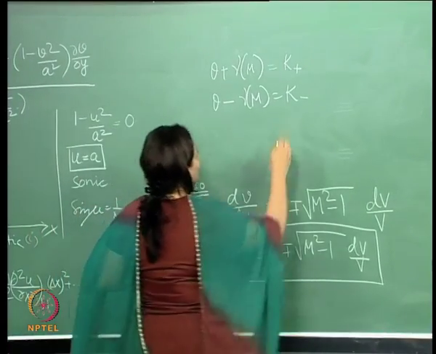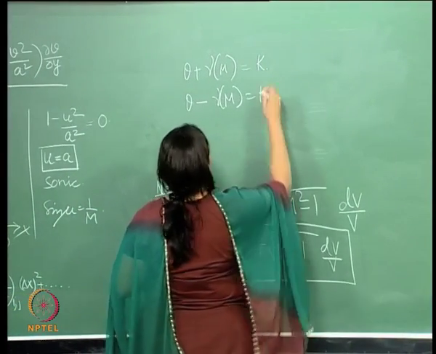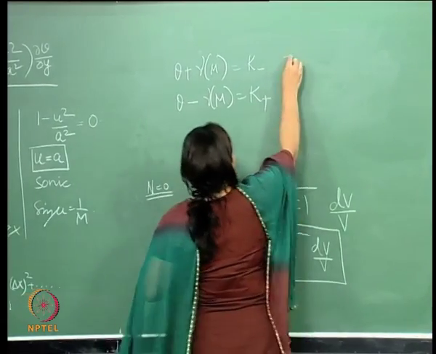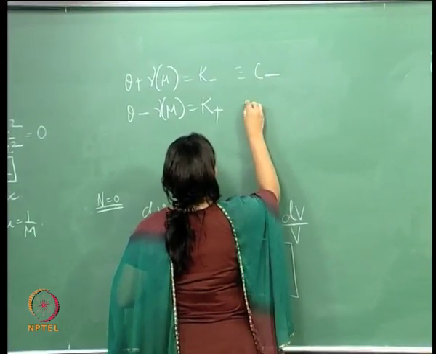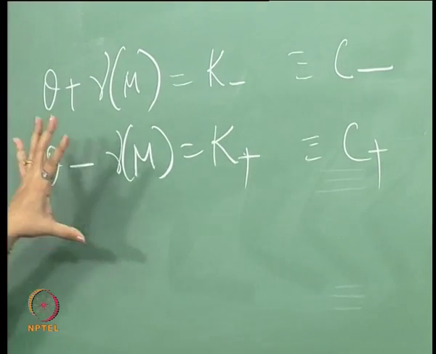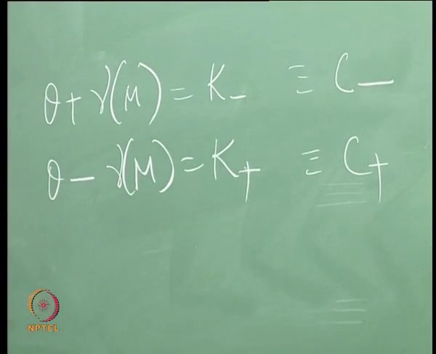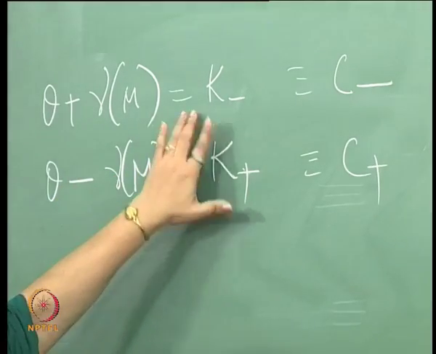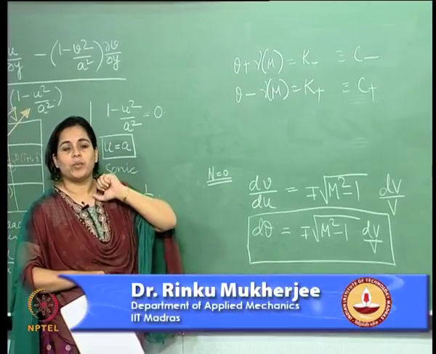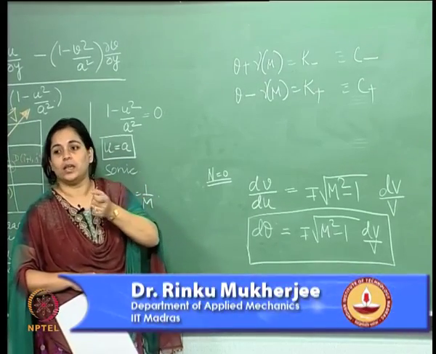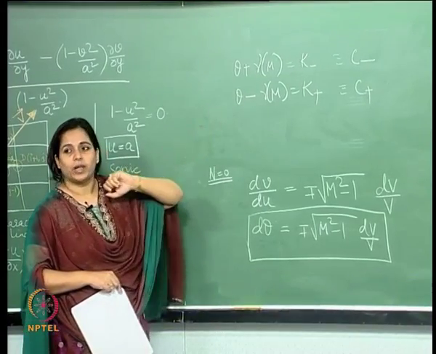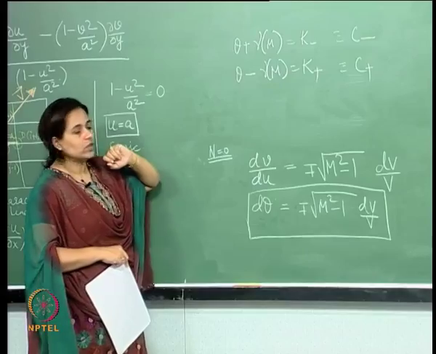So we have a minus plus, so this is on the C minus characteristic, which corresponds to the left running wave, and this corresponds to the right running wave. So these are the compatibility equations for this particular case. This is similar to the Riemann invariants which we did in the previous lecture, where we did J plus and J minus, so this is analogous to that.